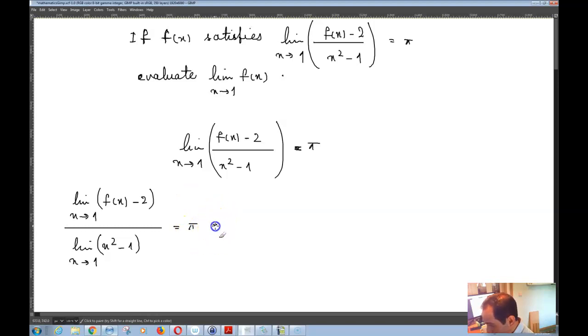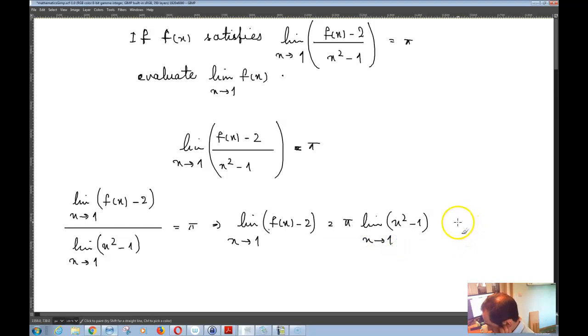If you cross multiply, you get the limit of f of x minus 2 as x tends to 1 is equal to pi times the limit of x squared minus 1 as x tends to 1, and that limit is equal to 0. So this whole side of the equation becomes 0.